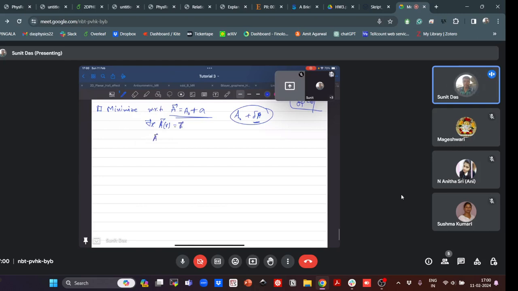So basically, A of r equals A0 of r plus delta A of r.